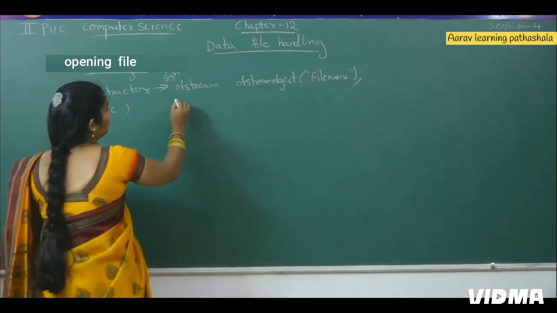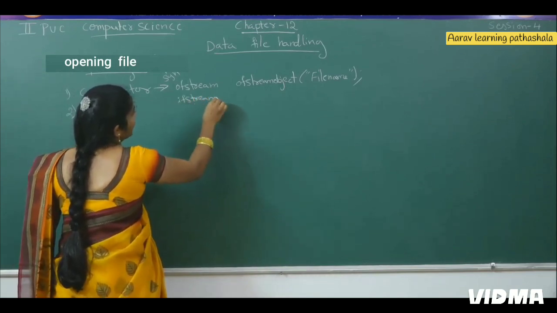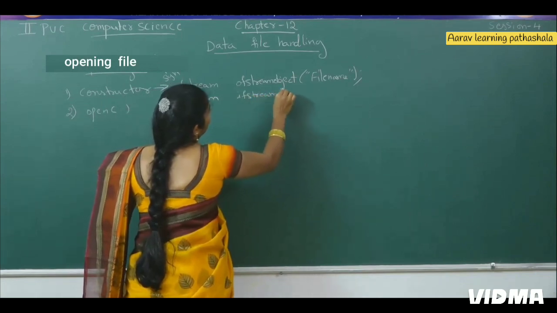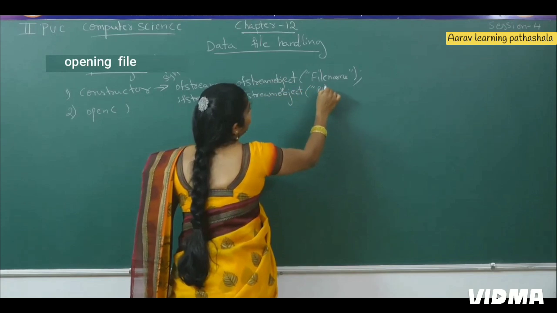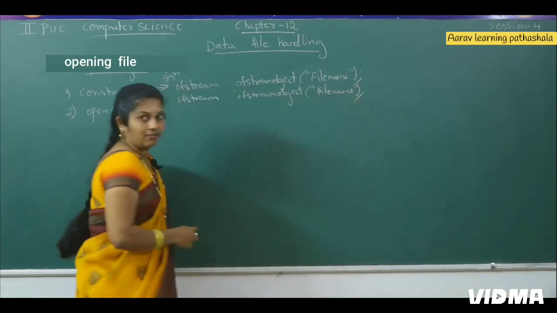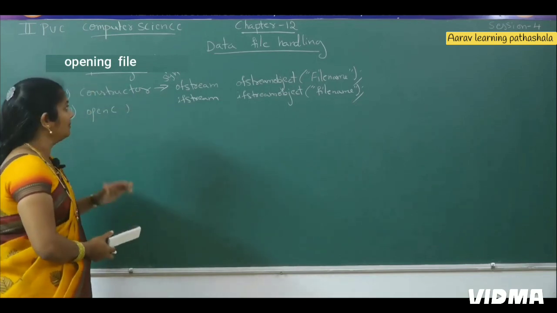Now, if I want to open a file for input purpose, ifstream, then the ifstream object, and inside the double quotes you have to write the file name. This is the syntax we already explained while opening a file by using the constructor method.